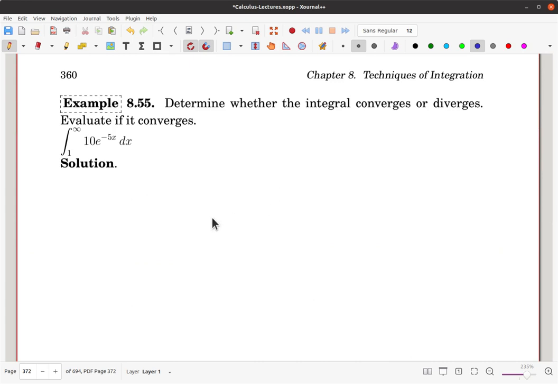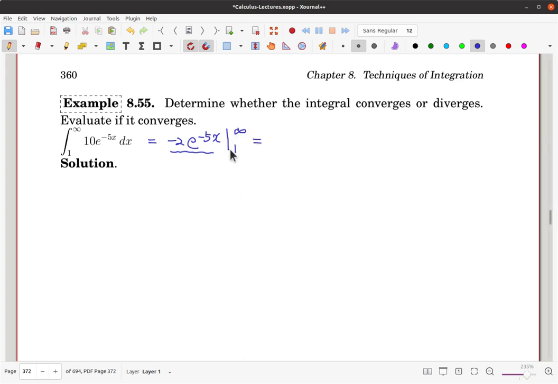Determine whether the integral converges or diverges. Evaluate if it converges. Okay. For this one, if we try to find the antiderivative, then there is a minus 2 over 5 e to the minus 5x. Once you take the derivative, minus 2 times minus 5 multiplication will become 10. So that is the antiderivative, and we are evaluating from 1 to infinity.